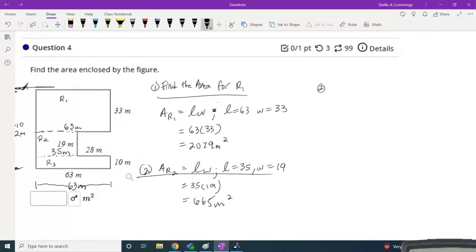All right, now we're going to find the area for R3. The area for R3 equals the length times the width.